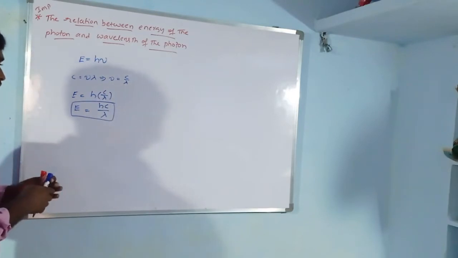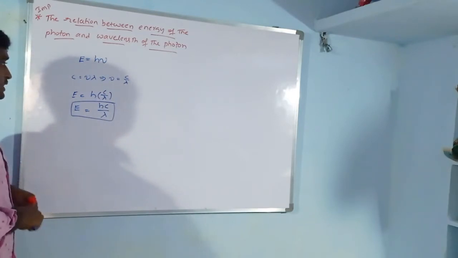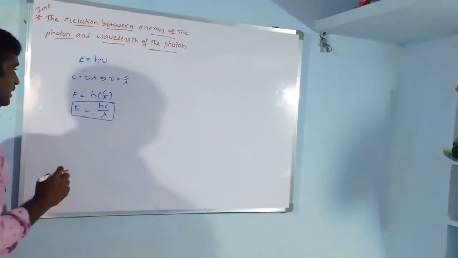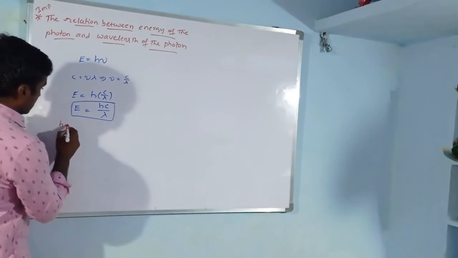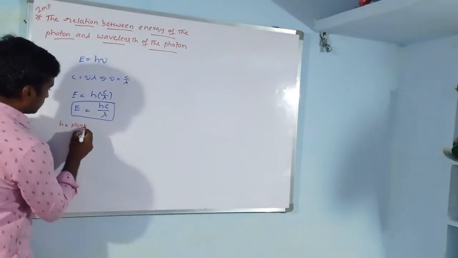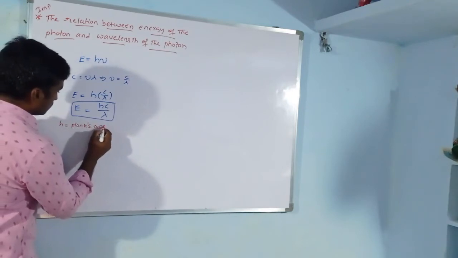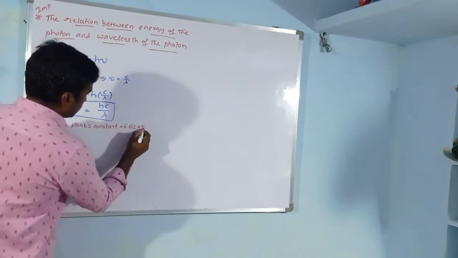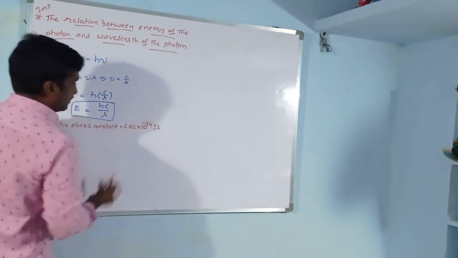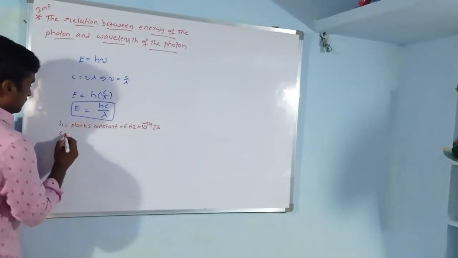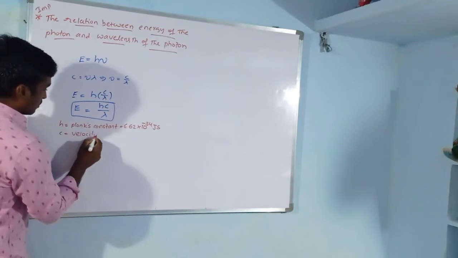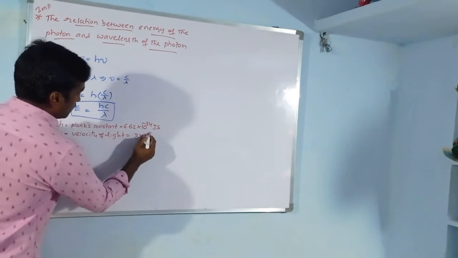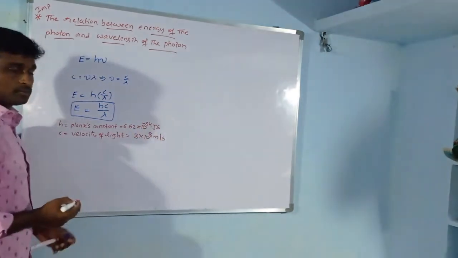What are the values of h and c? h is Planck's constant, its value is 6.62 × 10^-34 joule second. c is the velocity of light, its value is 3 × 10^8 meter per second.